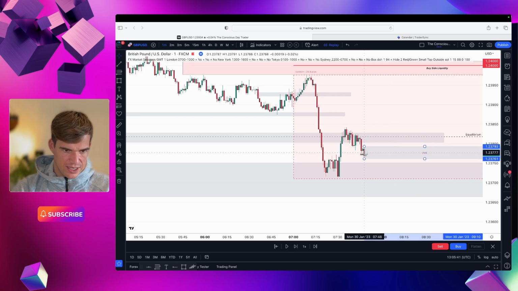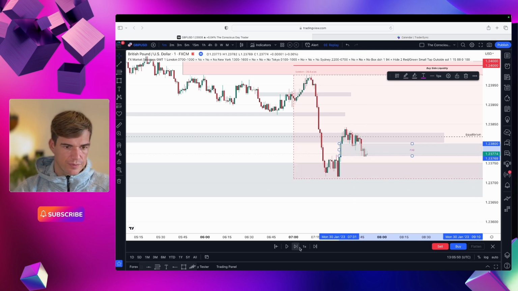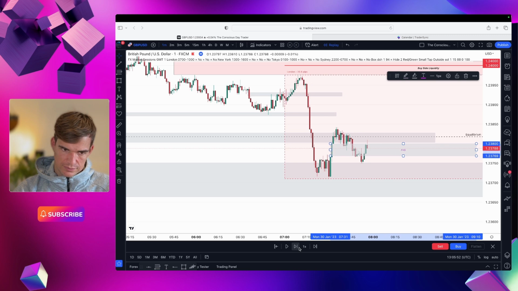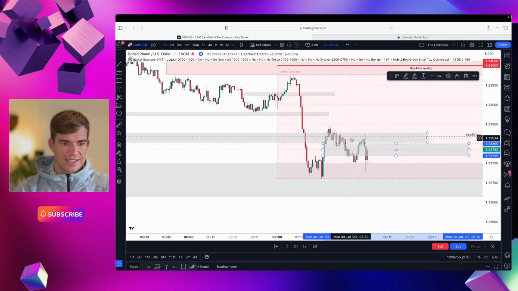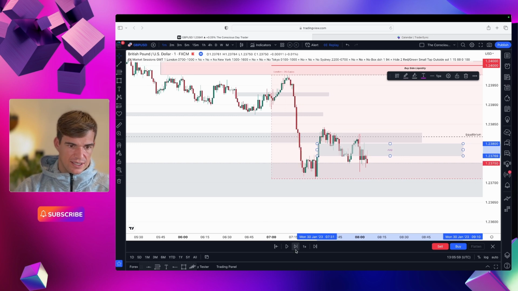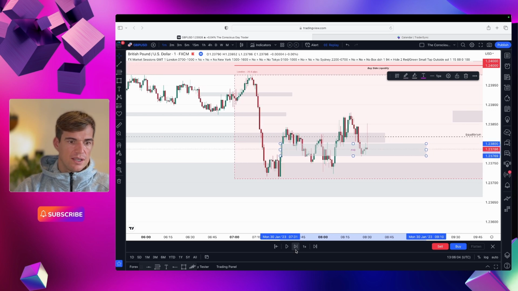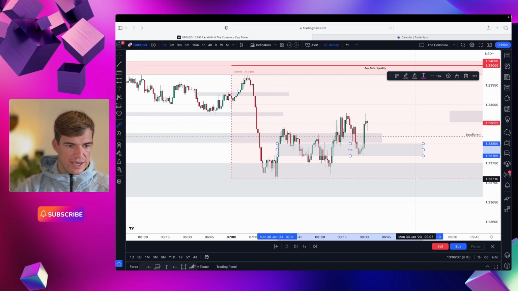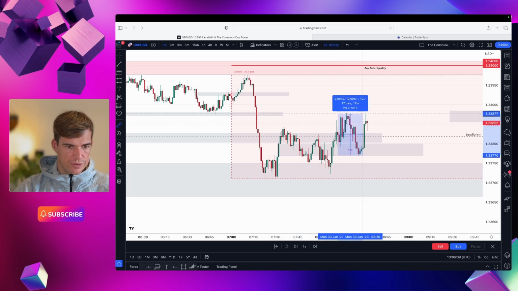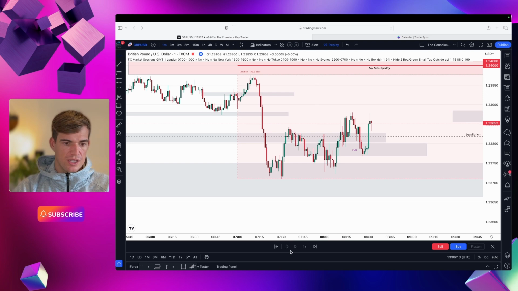And as you can see, that fair value gap there got filled, and I entered here with one position, and then it came back down, and I filled my second position, and it never broke until, so at this stage we were in profit of 11 pips, so that would have been again $200.